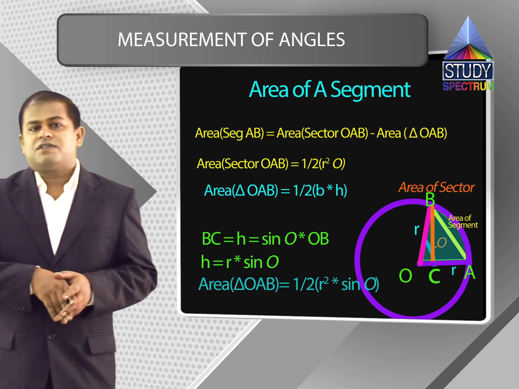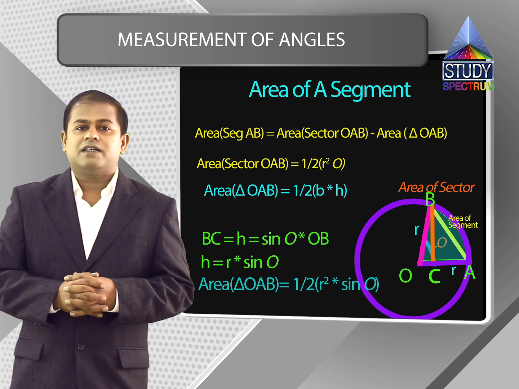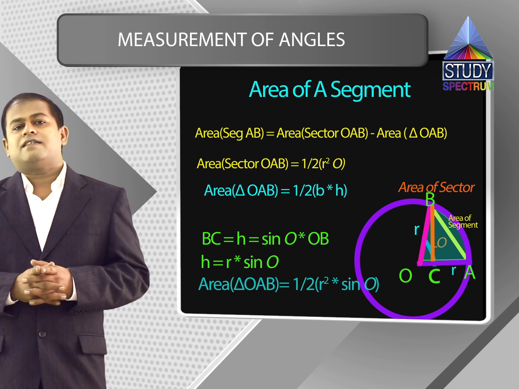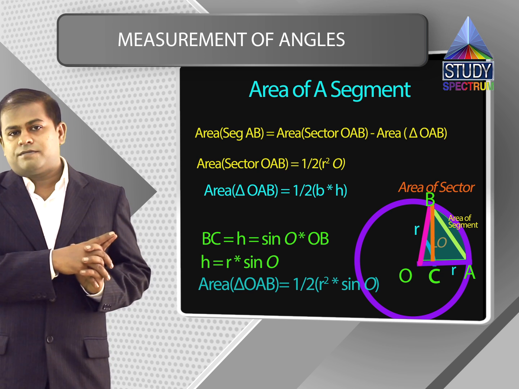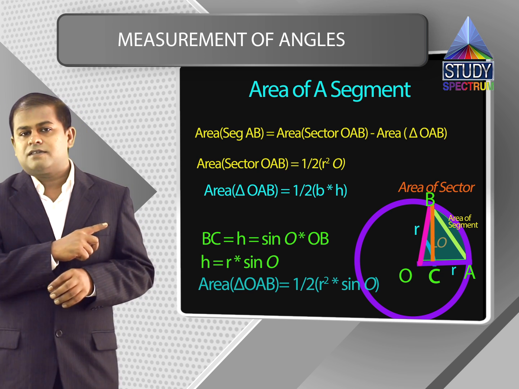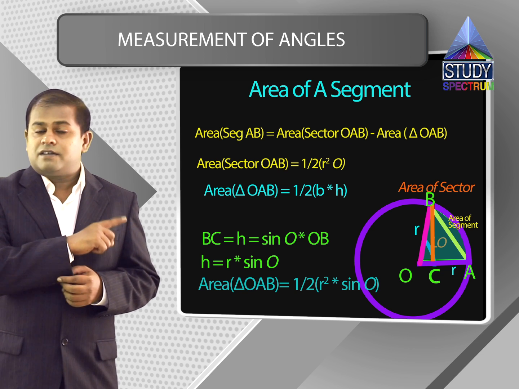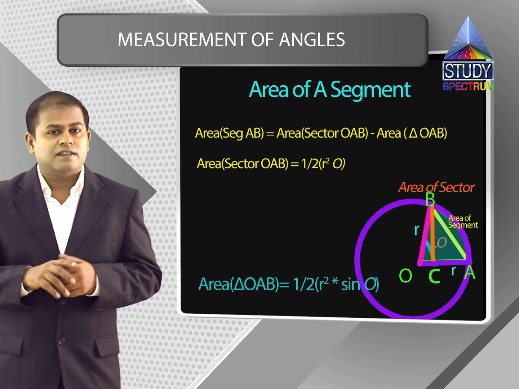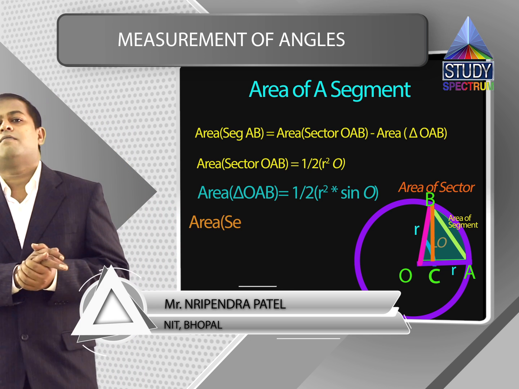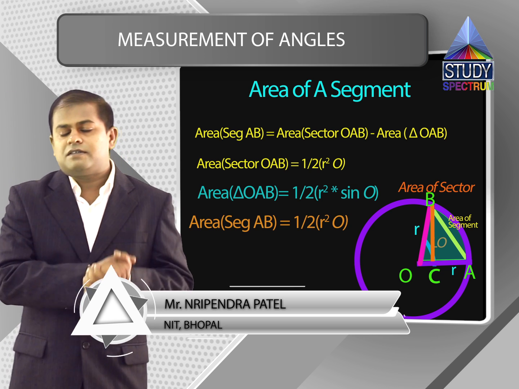So coming back to the area of the segment. The area of the segment, as I mentioned earlier, is the area of the sector minus the area of the triangle. The area of the sector is half R square theta, and the area of the triangle is half R square sine theta. Therefore, the area of the segment is half R square theta minus half R square sine theta.